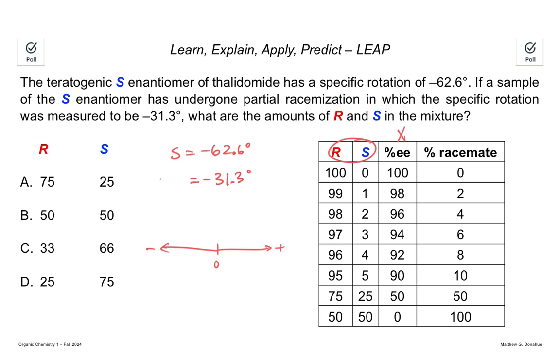So notice the number is still negative, right? Negative 31.3. Really what that's telling you is you have to have more S because the number is still negative. And then 31.3 divided by 62.6 is 50, right? But the question is asking you not about the excess, but about the parts. So to get to 50, the right answer would be D.